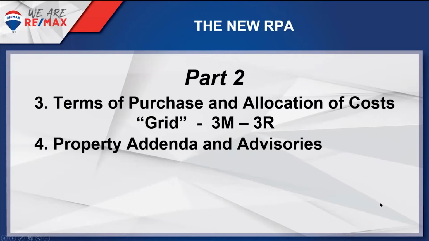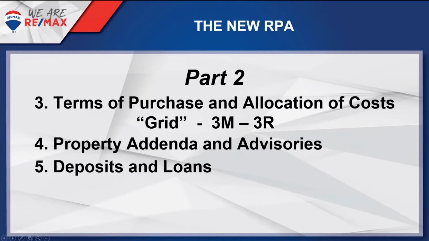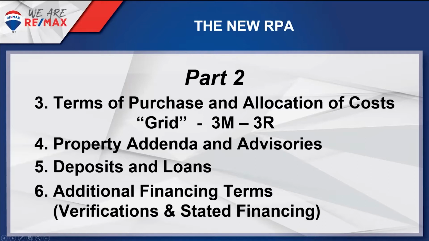Things like the probate purchase agreement is going to be gone. The manufactured home purchase agreement is going to be gone. And you use the addenda for that particular situation attached to the new RPA. Paragraph 5 talks about deposits and loans. Paragraph 6 talks about verifications and buyer stated financing.